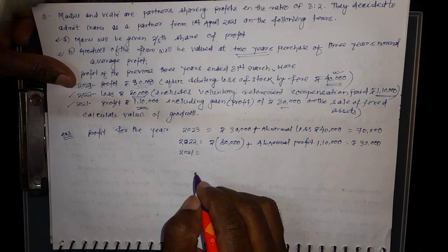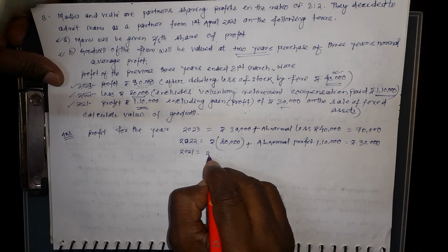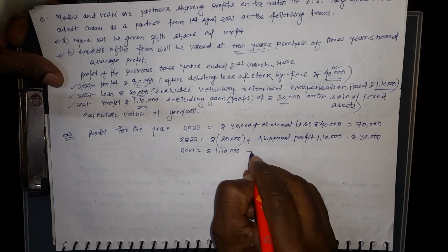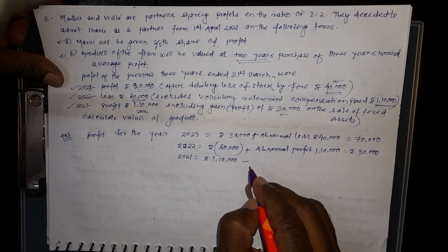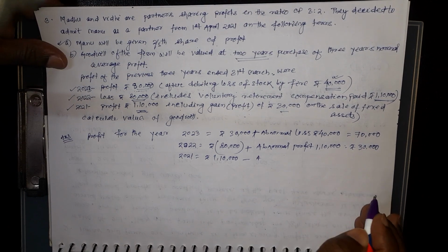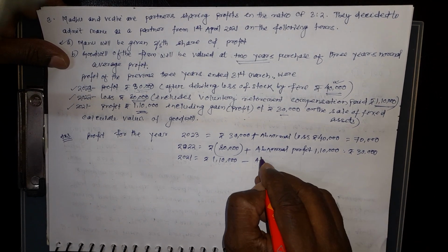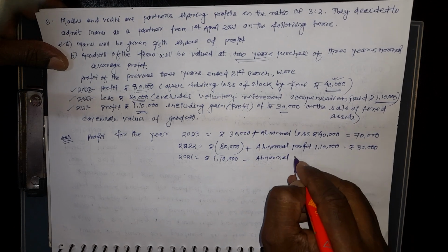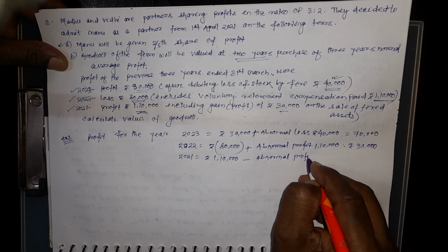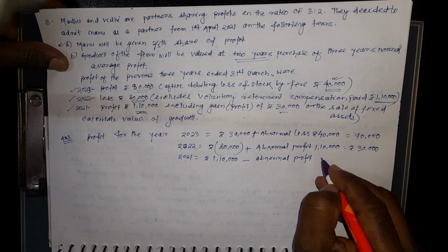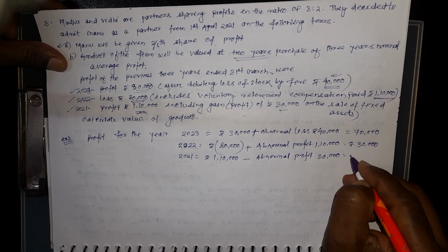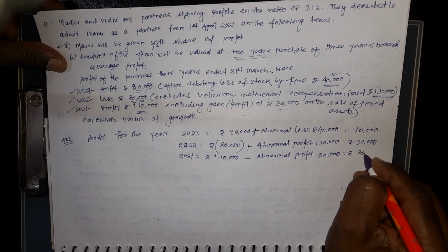So you will write profit, here it is given 1,10,000, minus abnormal profit. Abnormal profit is how much? That is 30,000. So the profit will be 80,000.